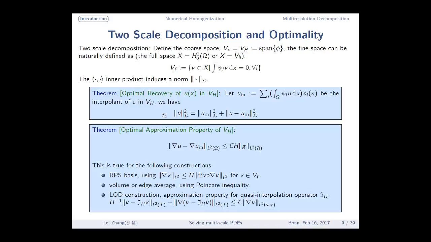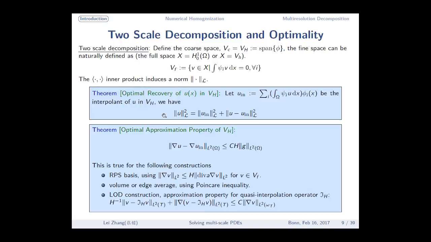If we have the RPS basis, it is a little bit more difficult to analyze because this corresponds to a fourth order equation. So it belongs to this space; it's a linear combination of the fundamental solutions of fourth order equations. But we can do that with a so-called higher order Poincaré inequality.